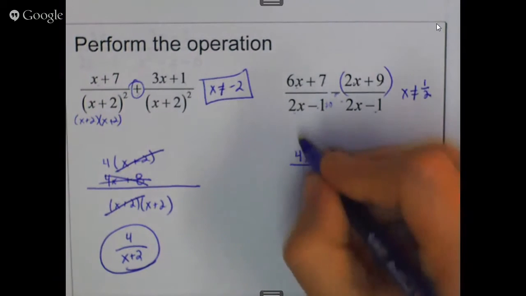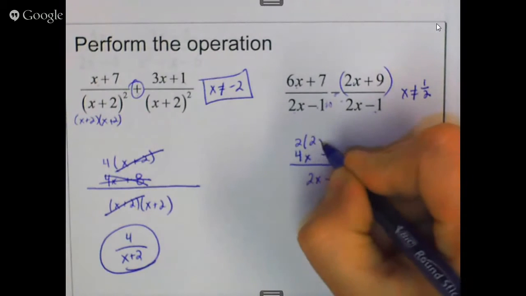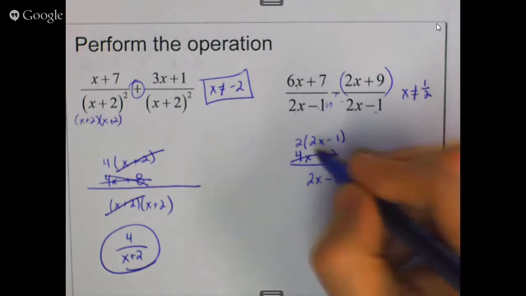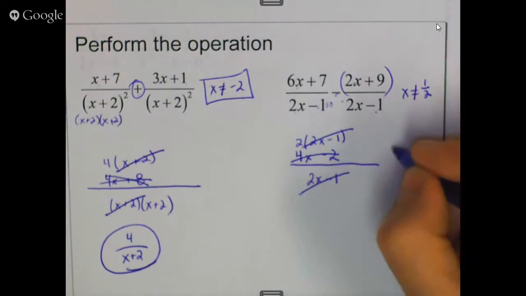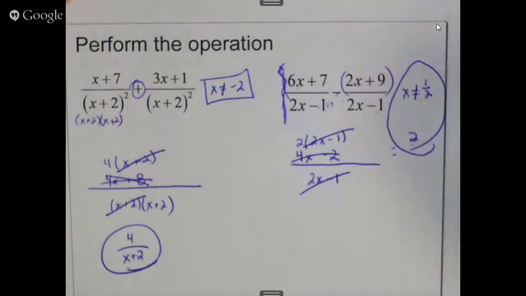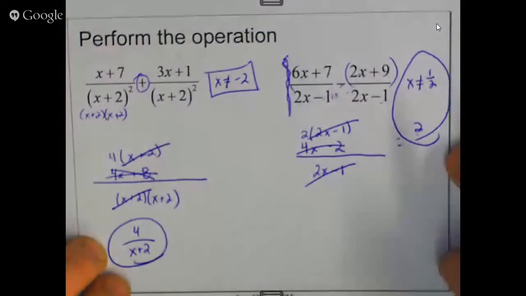Let's factor. I can pull out a 2, giving 2 times 2x minus 1, and cancel where we can. So that cancels with that one, and I'm simply left with 2. So I got my domain restriction and my answer. If I just have this, I'm not talking about this original problem anymore. It's totally different.